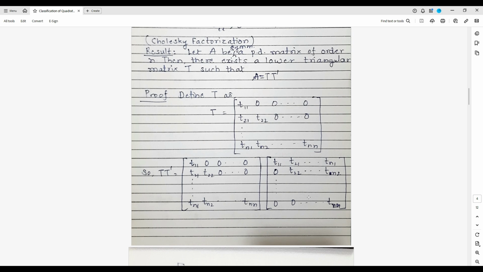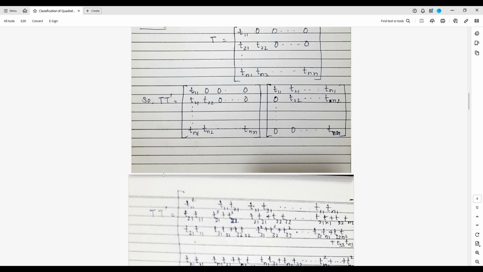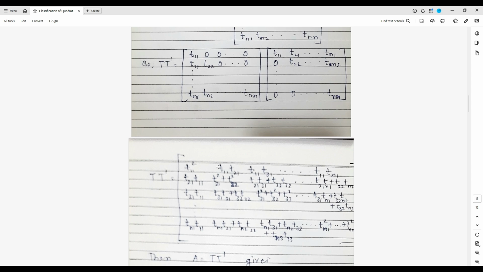So if we multiply this T with T prime, what do we get? The first will be T11, zeros into T11, 0 plus 0 into 0 plus 0 into 0 and so on. So the first element of the first row of the product of matrices T and T prime will be simply T11 square. Then the second element in the first row will be the multiplication of the first row and the second column.